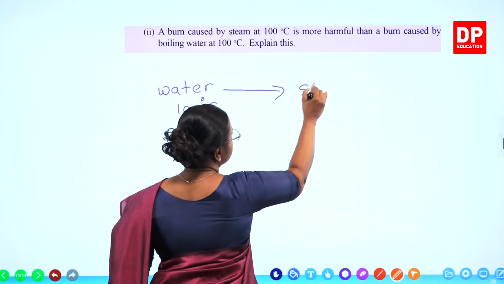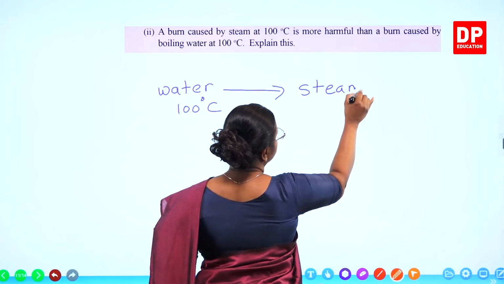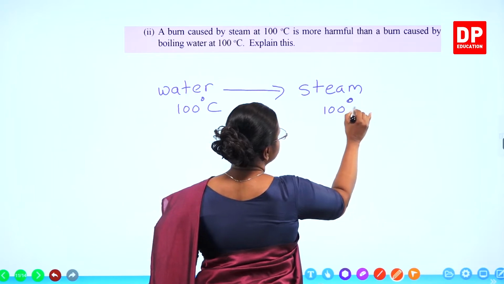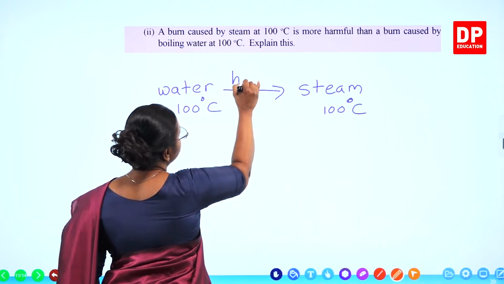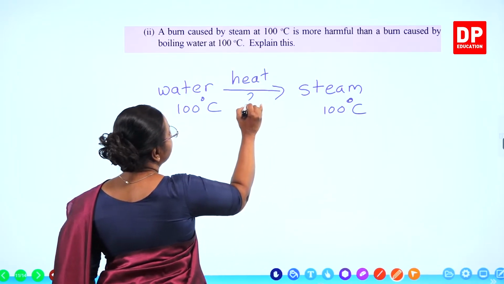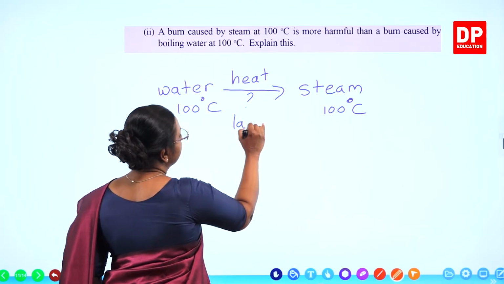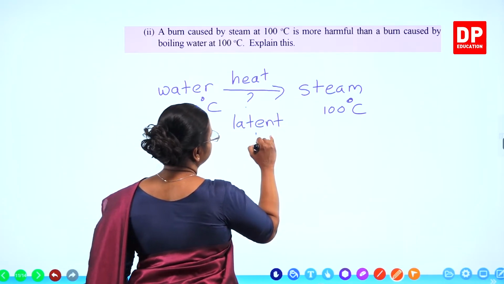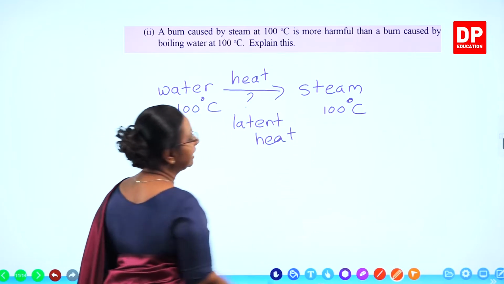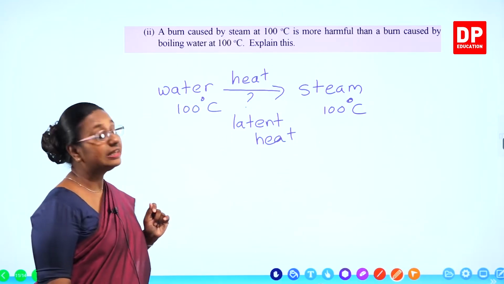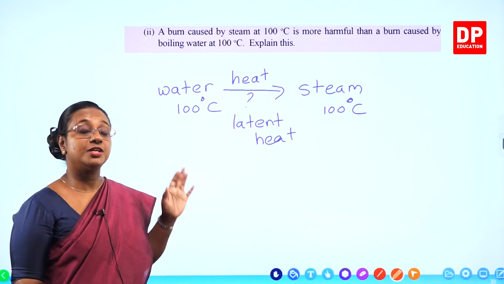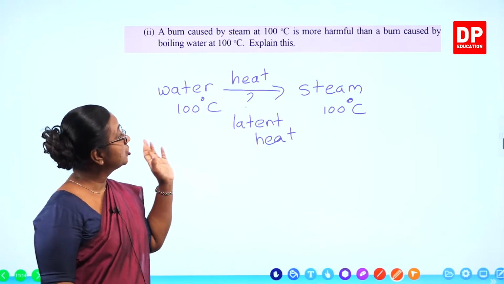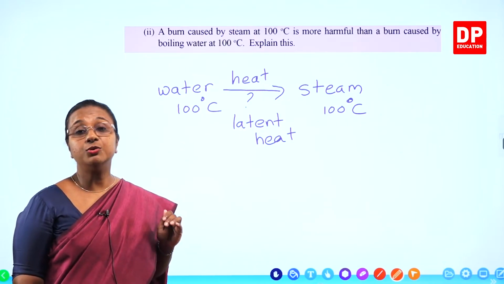It becomes steam at 100 degrees Celsius. We need to supply heat. What is this? It is the latent heat. Why do we supply latent heat? In order to break the intermolecular attractions between water molecules so that it will be converted to steam.